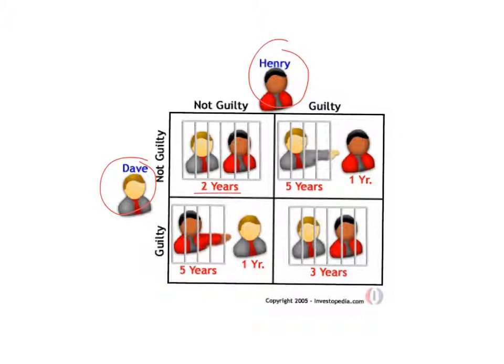If one stays silent and one confesses, they will get either 5 years or 1 year. And if both confess, they get 3 years. So that's a common example of game theory and payoff matrices.